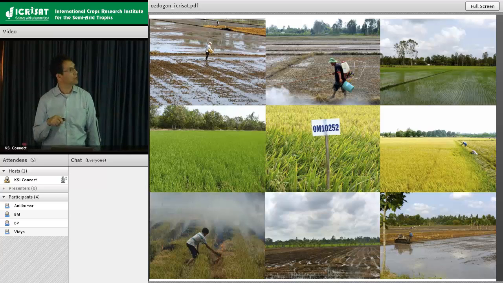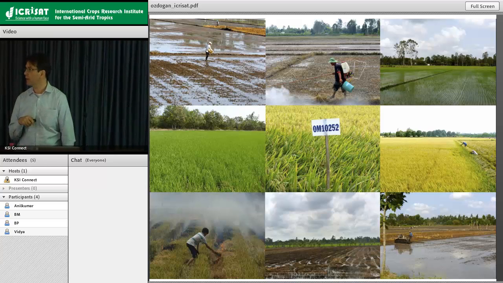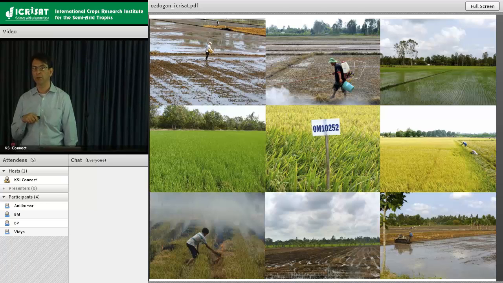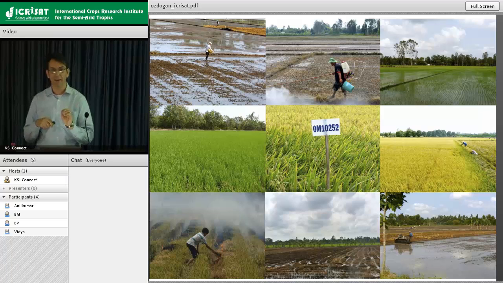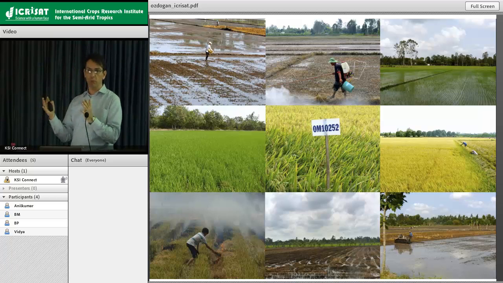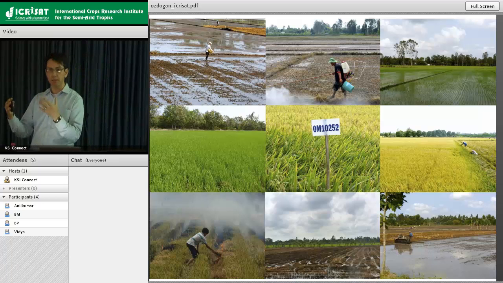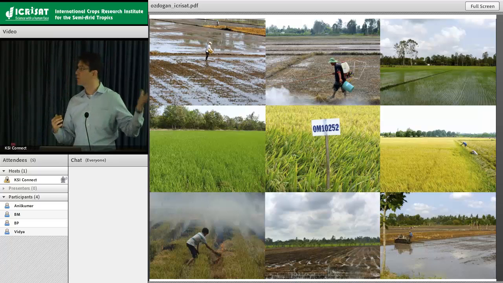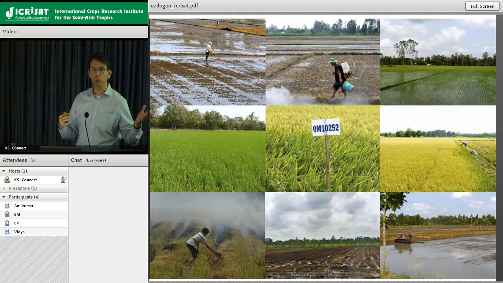I'm showing this just to give you a sense of what the landscape looks like, but I'm also showing you this because rice is a particular crop that spends, at least paddy rice, some of its life cycle underwater. And it turns out that fields being flooded with water has a particular importance when it comes to remote sensing applications, because it gives us the opportunity to not only use the green vegetation indices that we're used to using for remote sensing, but also allows us to use water indices just because there is water.